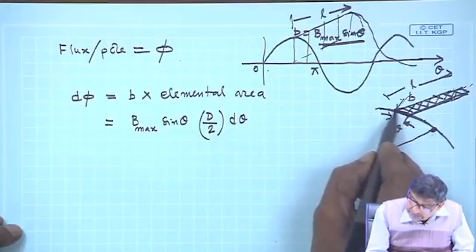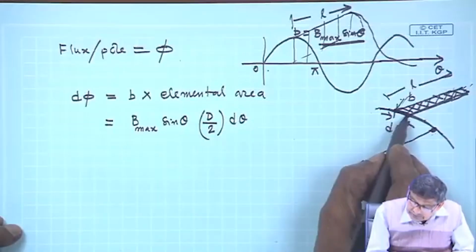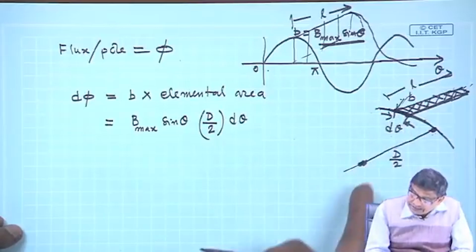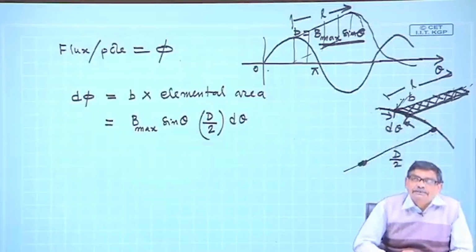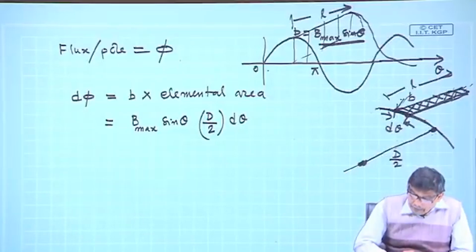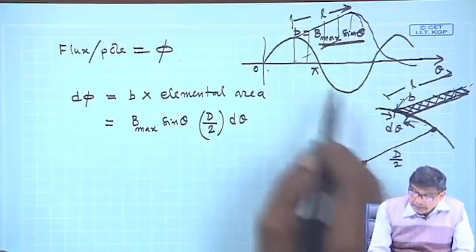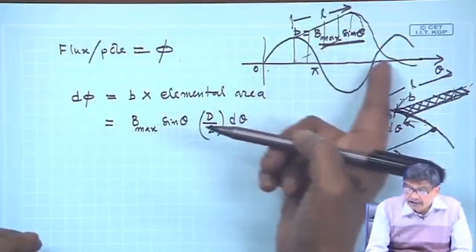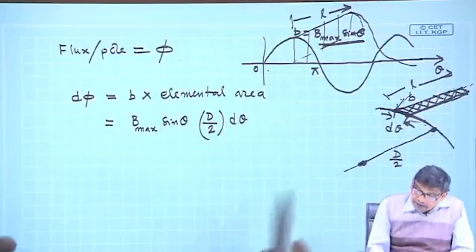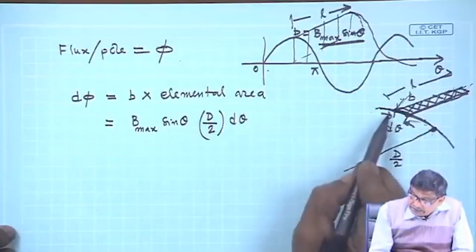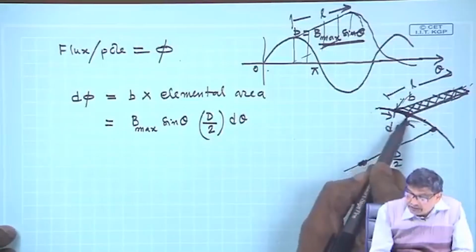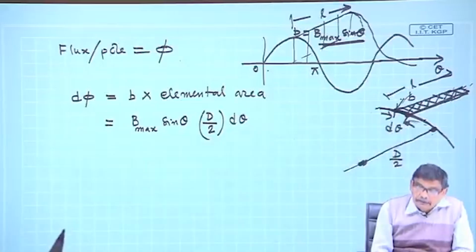is this length. But is it correct to say that D by 2 into d theta is this length in meter? No. Why? Because this theta I am measuring in terms of electrical degree. So arc d theta is the elemental length on this arc on the rotor, elemental arc.